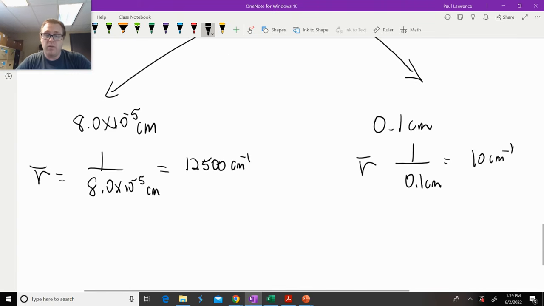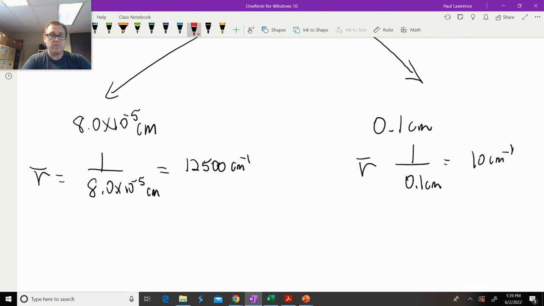Now, when we look at wave numbers, the larger the wave number, what does that mean? Well, it's high frequency. And we've learned that energy is proportional to frequency.